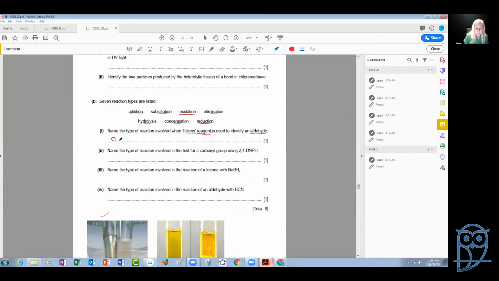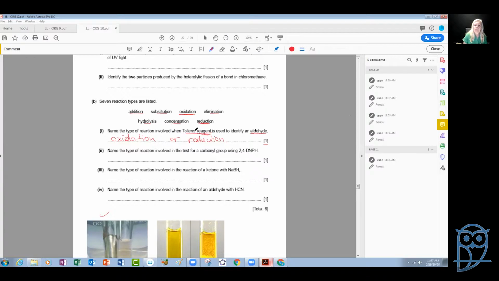But if we think that we are interested in the aldehyde, we can say oxidation of the aldehyde. And also reduction, because these two go together, isn't it? All right. So oxidation or reduction would be an acceptable answer to this question, and you see just 1 mark.